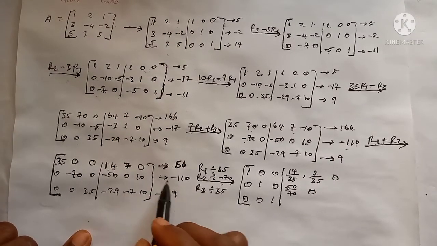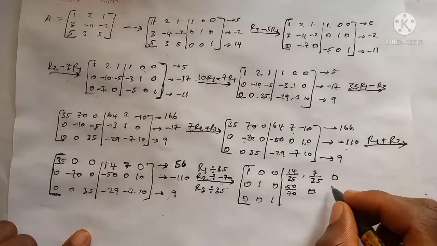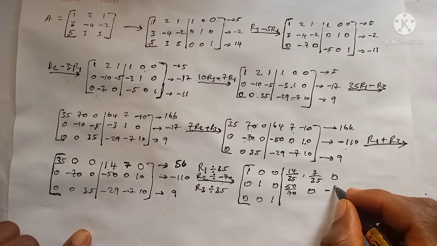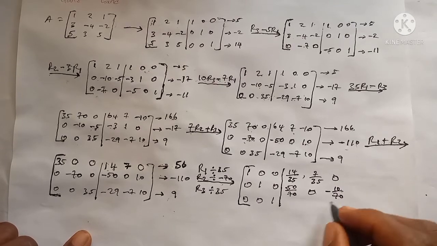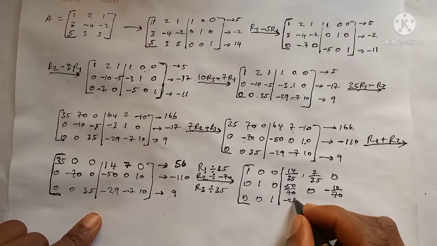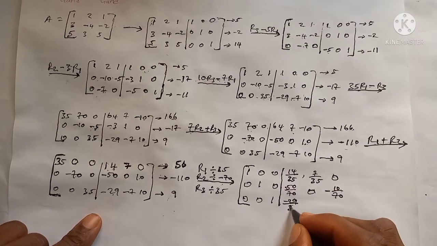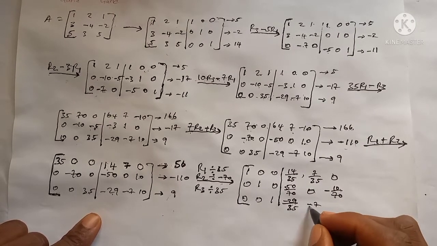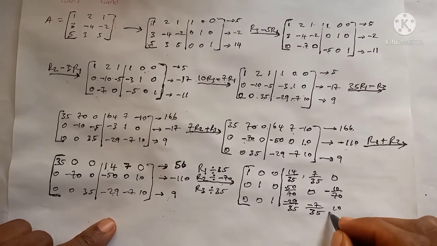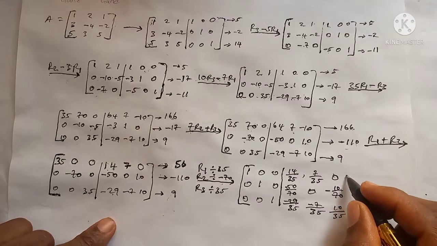Now 10 divided by minus 70 will give us minus 10 over 70. Now minus 29 we divide by 35, and then minus 7 still divided by 35, and then 10 divided by 35.